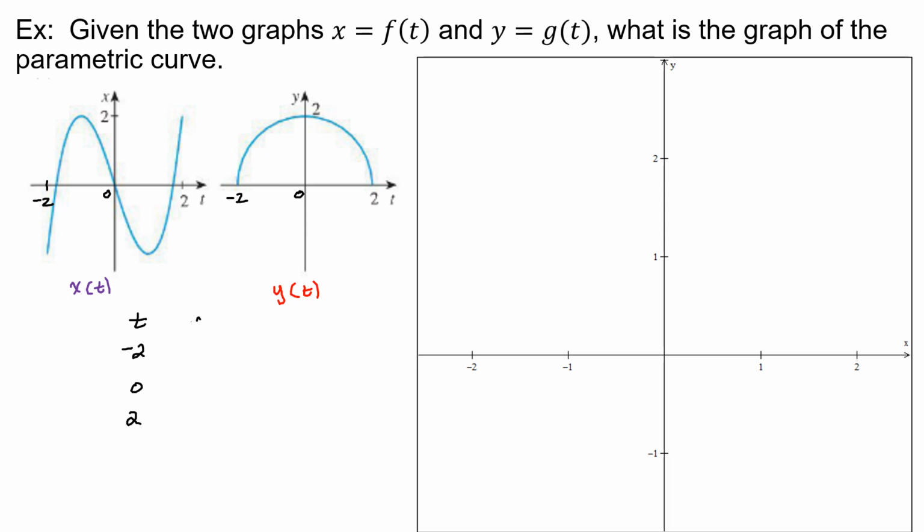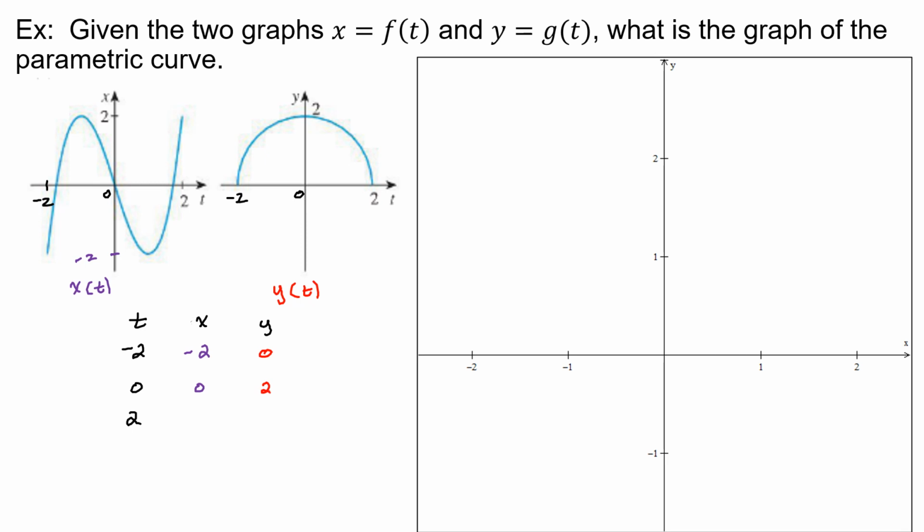Let's see. At -2, your x, it's kind of hard to read, but it would be down here. This would also be -2. And your y value at -2 appears to be 0. When you hit your origin at 0, your x is at 0, your y is at 2.